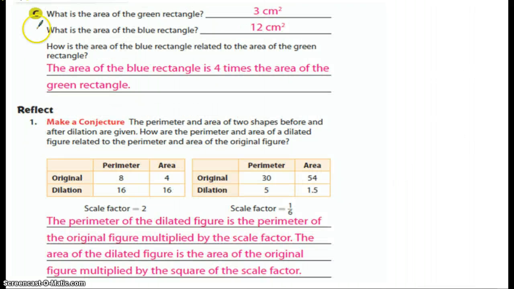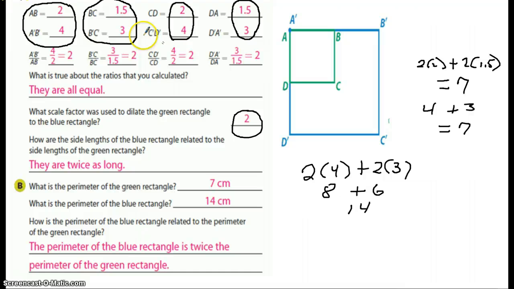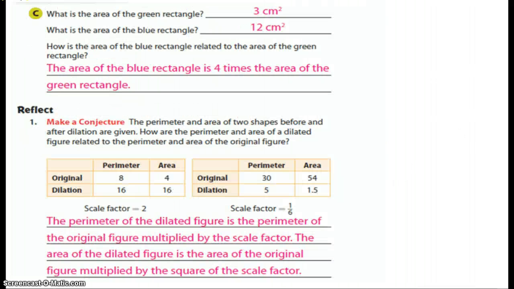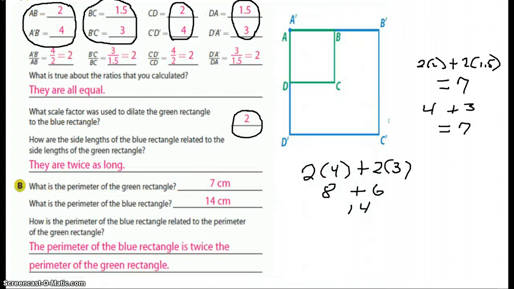Okay, now let's talk about area. So it says, well, what's the area of the green one? So if we go back, we see that we have side lengths of 2 and 1.5. So for area here, we would have area is equal to 2 times 1.5, which would give us 3. And then it says, well, what's the area of the blue one?